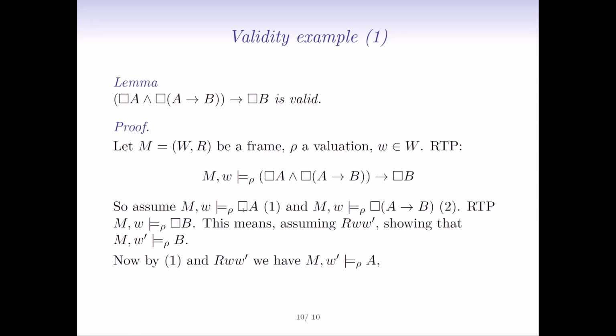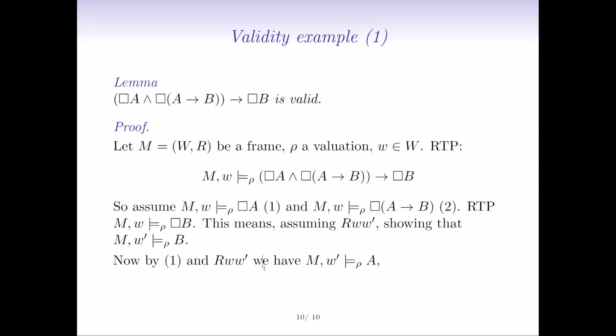Now, the formula box A, we know that that is true at W, and that means for all worlds accessible from W, the formula A is true. So in other words, since W prime we have assumed is accessible from W, that means that the formula A must be true at W prime.